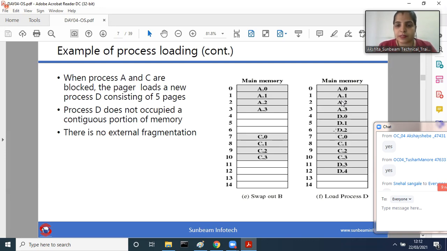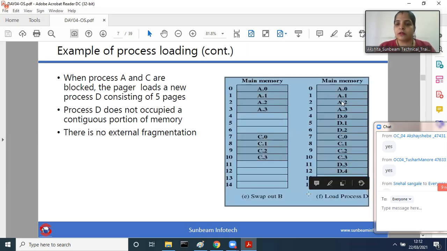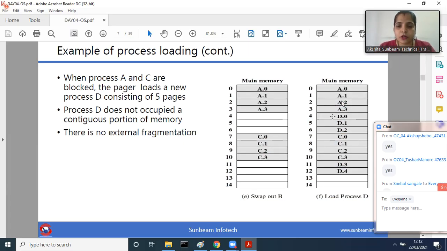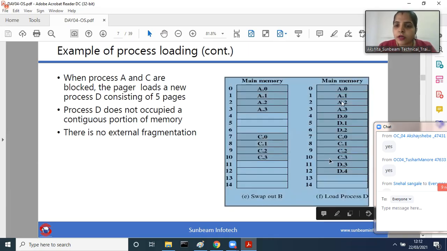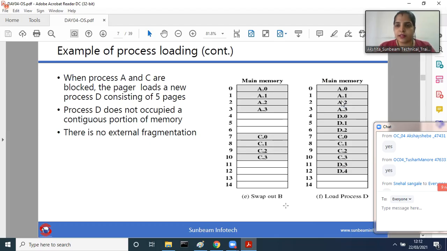What your operating system will do, D0 will be loaded here, D1 will be loaded here, D2 will be loaded here, D3 and D4 will be loaded here. Can you observe the memory is given in a non-contiguous manner? That is called pages.